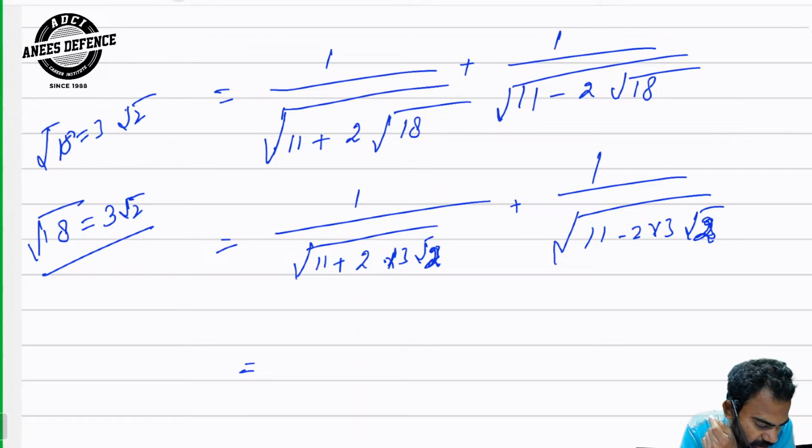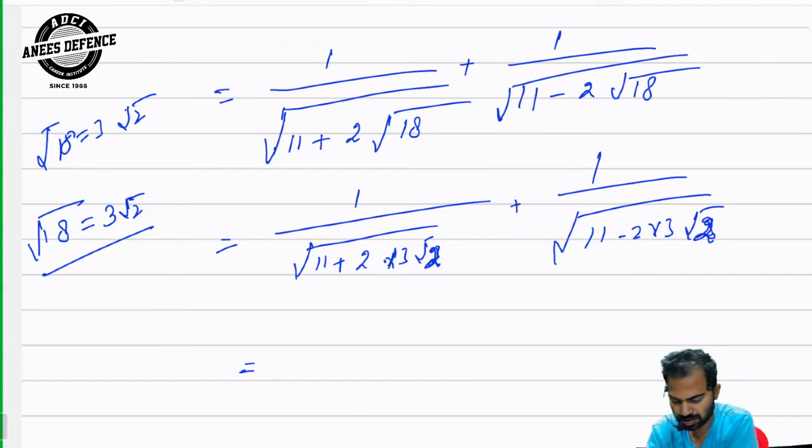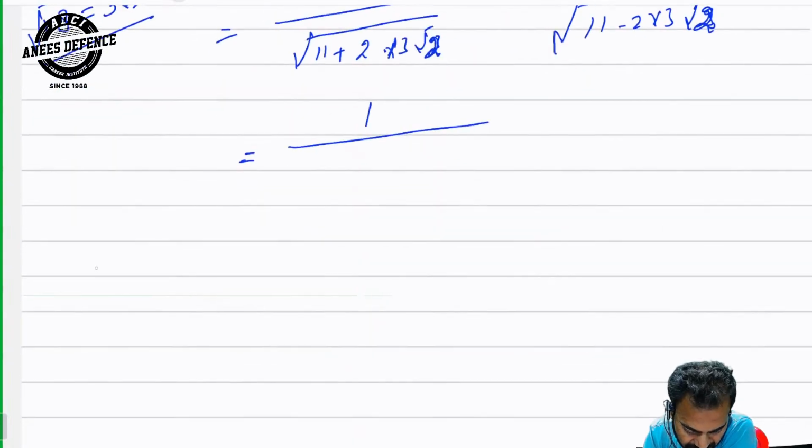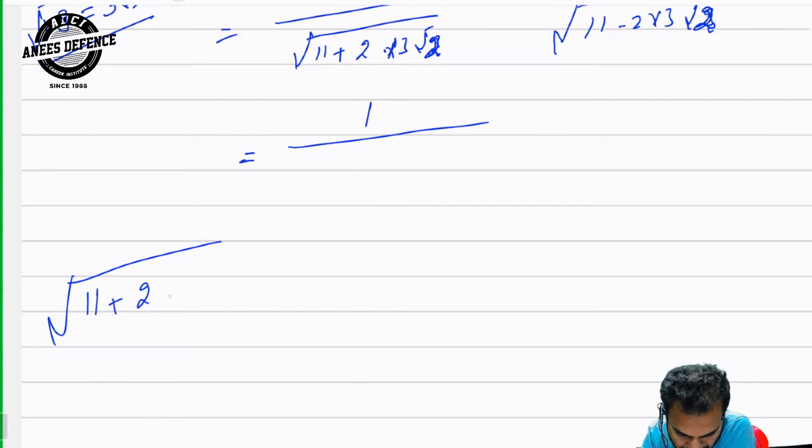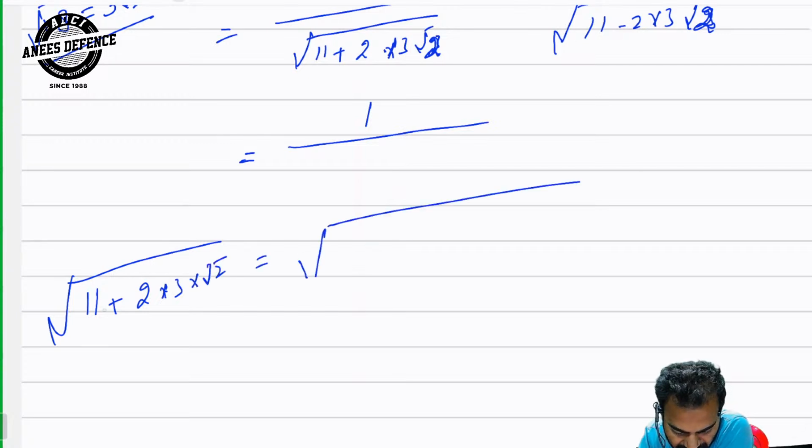Find the square root of 11 plus 2 into 3 into root 2. The square root I will find. 11 will be separated into two parts, 9 plus 2 is 11, okay? 2 into 3 into root 2.